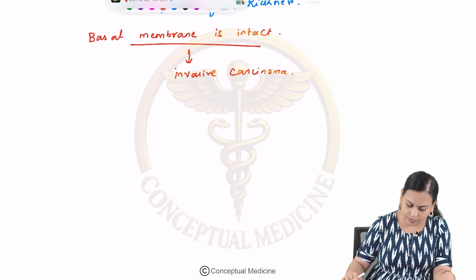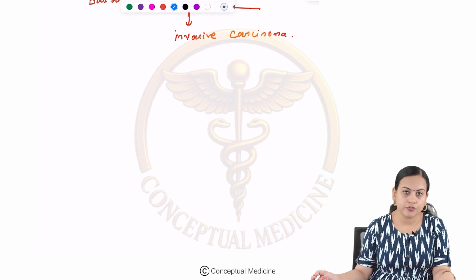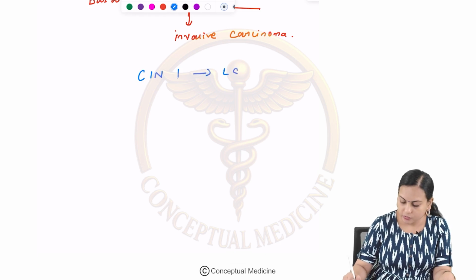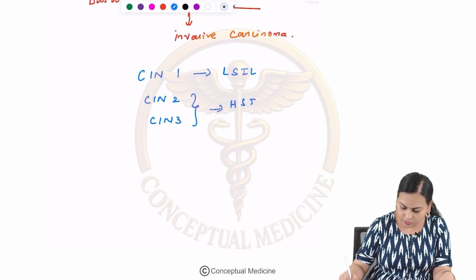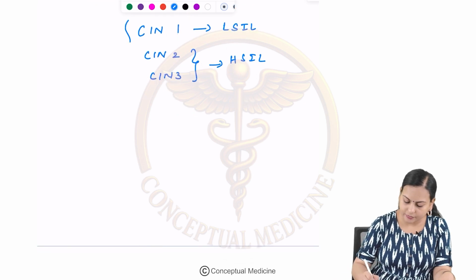Yes. There is also another classification which divides cervical intraepithelial lesions into the following types. Cervical intraepithelial neoplasia type 1 is recorded as low grade squamous intraepithelial lesion. Then CIN 2 and CIN 3 are considered under high grade squamous intraepithelial lesion. So, this is another classification.